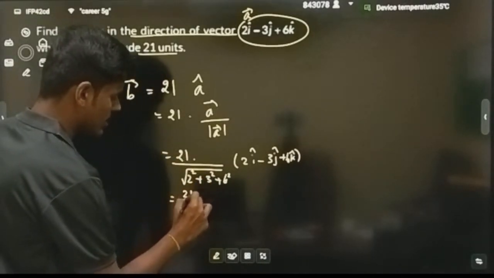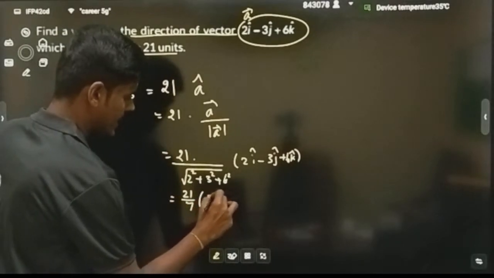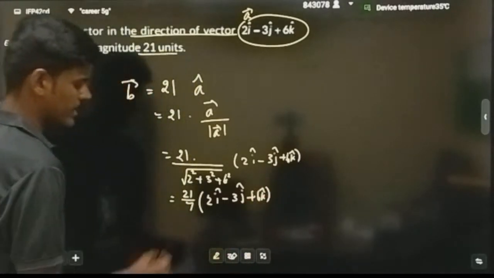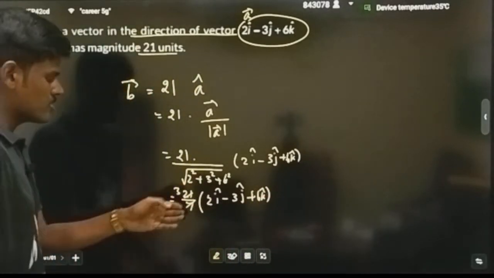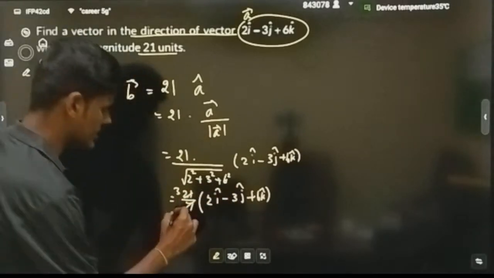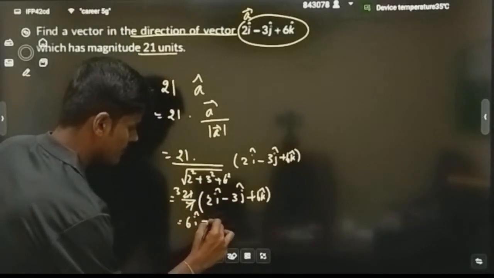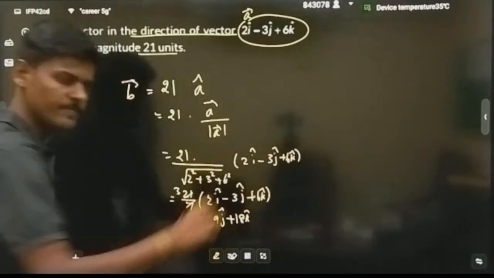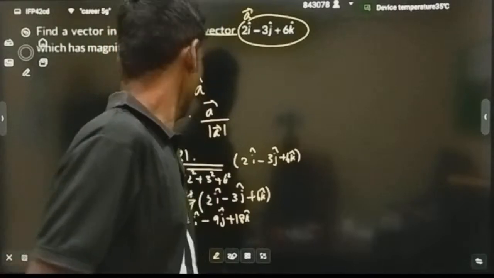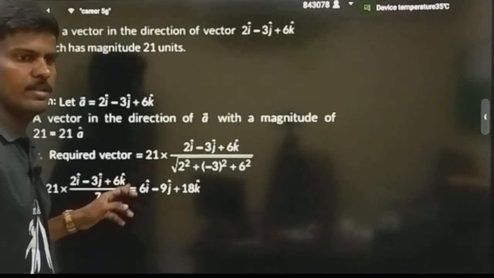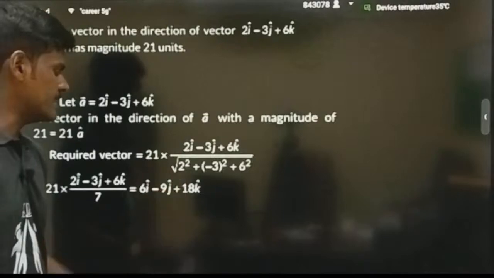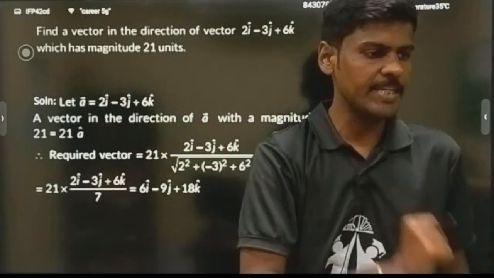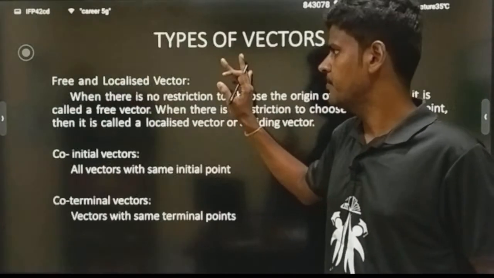So the answer will be 21 by 7 into 2i cap minus 3j cap plus 6k cap. 21 by 7 is 3. So the final answer is 3 times this vector, which is 6i cap minus 9j cap plus 18k cap. That is it. Easy. 6i minus 9j plus 18k. Do you understand? Once you understand the question, the answer is very easy in solving vectors.